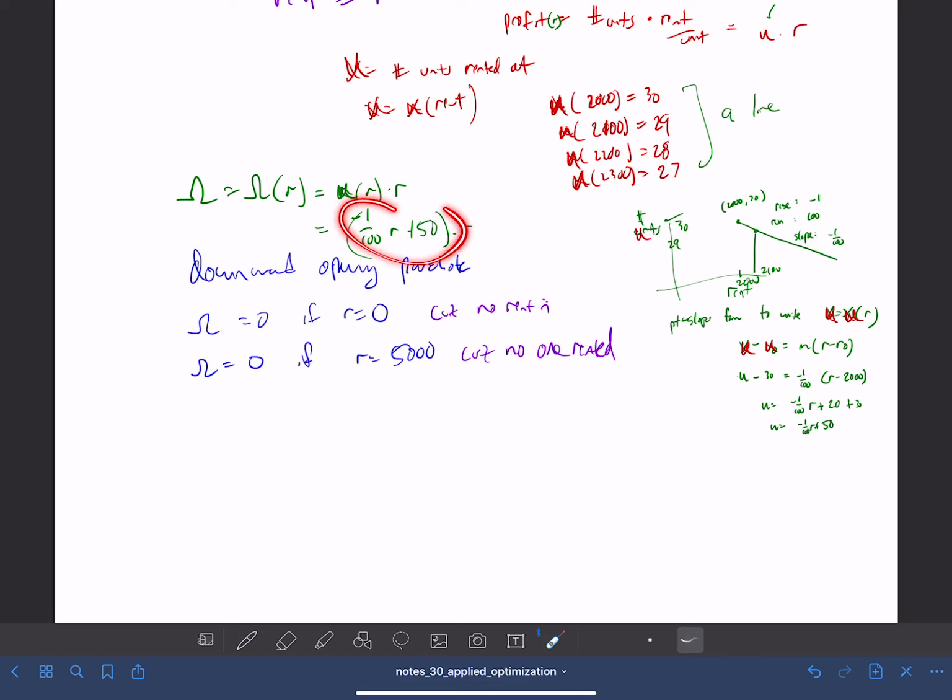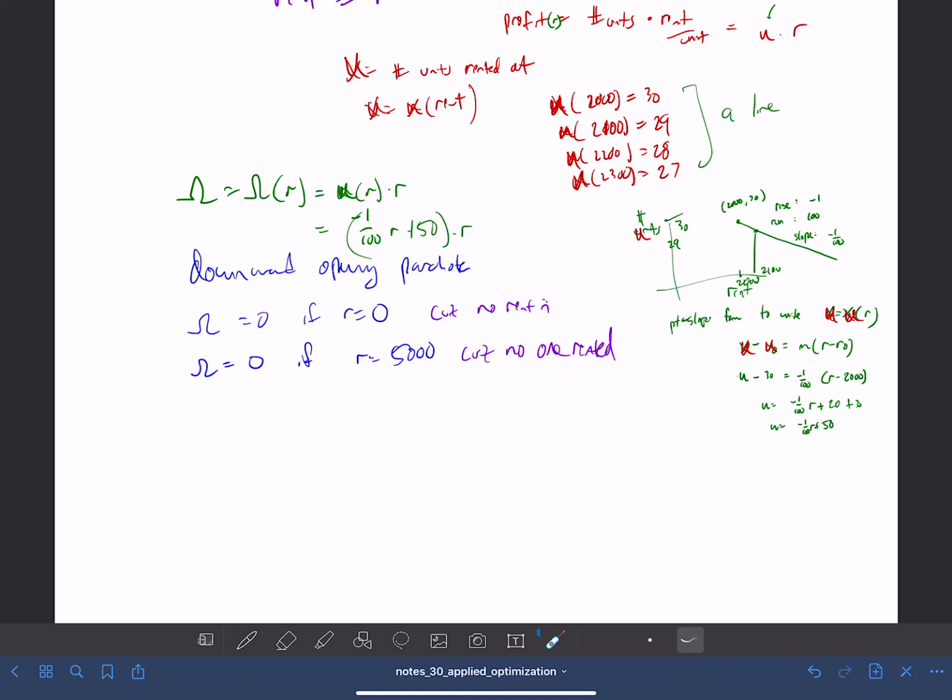If you plug in 5,000 to that expression, you get 0, and you'd have 0 times something, and you get 0. So we get a parabola, and the optimum is going to happen between its two roots. The solution to this is going to be 2,500.